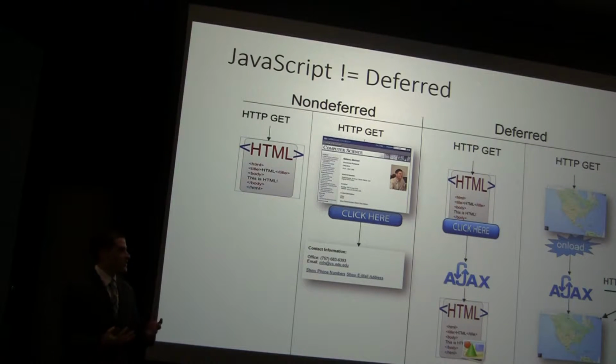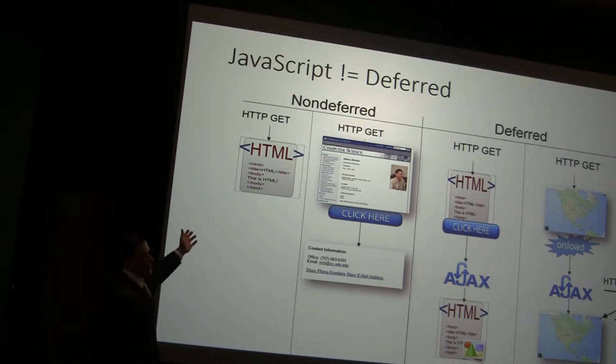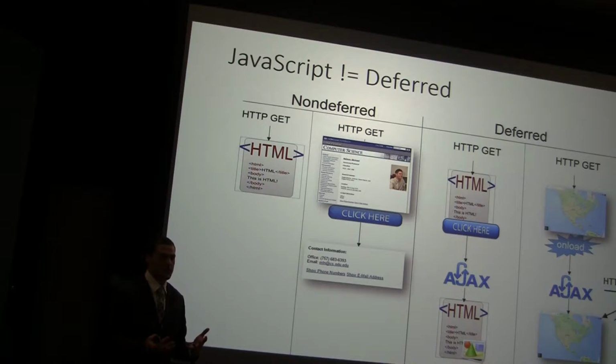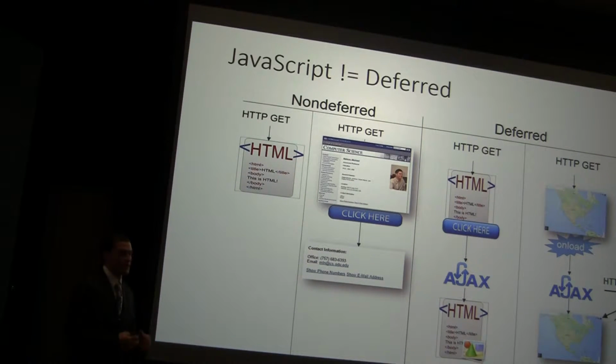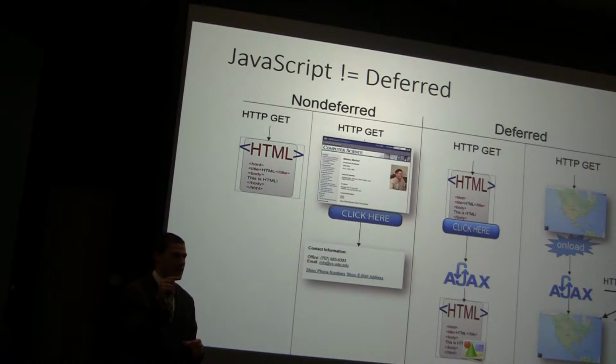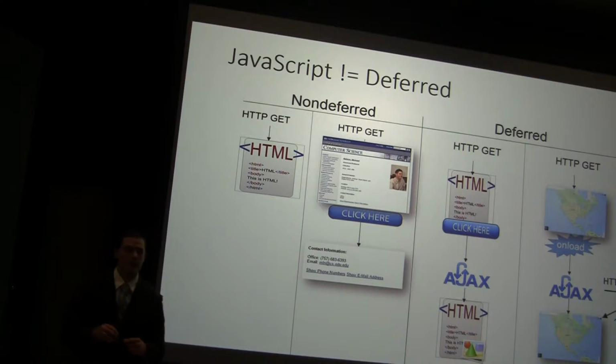So we have two classes of representations, non-deferred and deferred. And non-deferred representations, things like just pure HTML, are clearly not deferred, but things that include JavaScript are not necessarily deferred. For example, if we consider the cs.odu.edu homepage and go to Michael Nelson's faculty page, at the bottom there is this link that says click here to unveil his phone number and click here to unveil his email address.